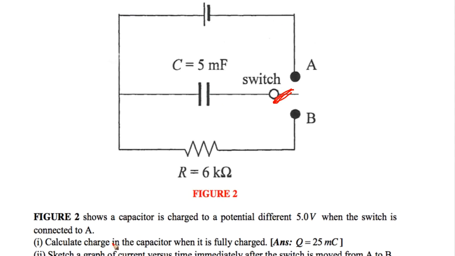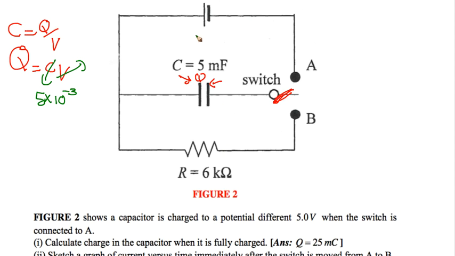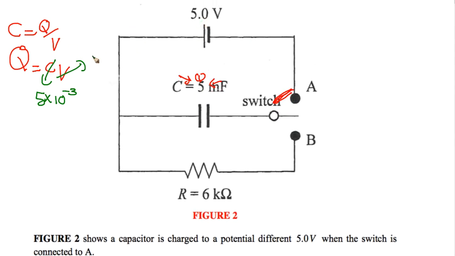Calculate the charge in the capacitor when it's fully charged. So we need to calculate the charge on the capacitor here, the Q. You can use the equation C is equal to Q over V. So the charge on the capacitor is CV, and the C here is 5 milli, so 5 times 10 to the minus 3, and the voltage provided is 5 volt.